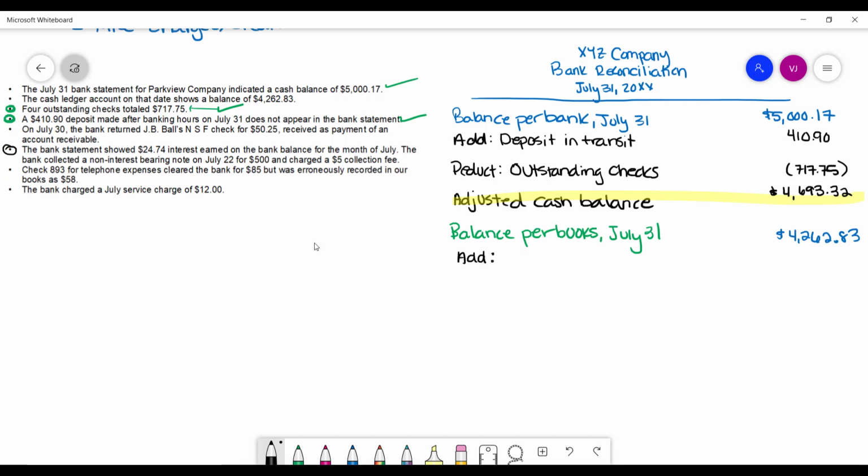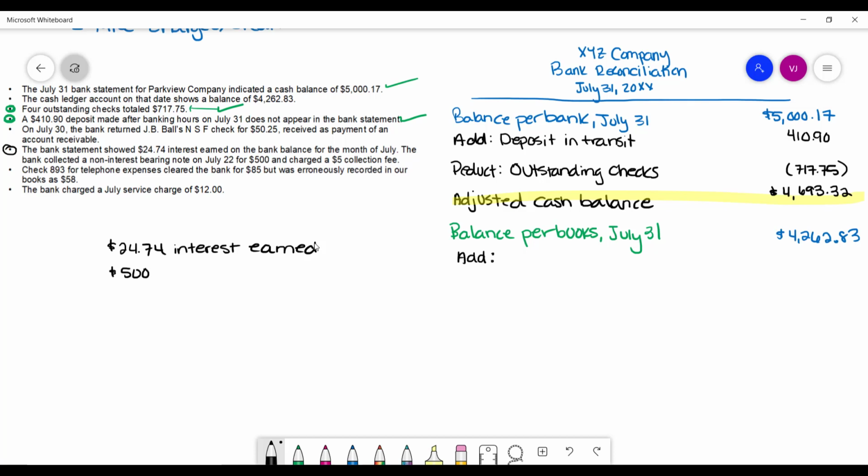So here we have a couple of things rolled into one bullet point.